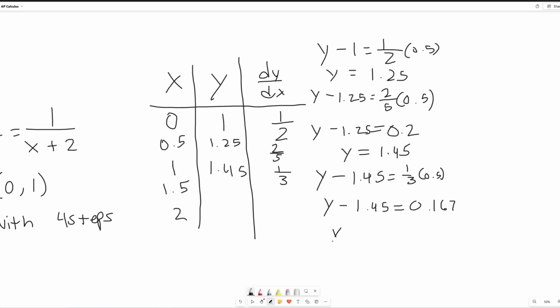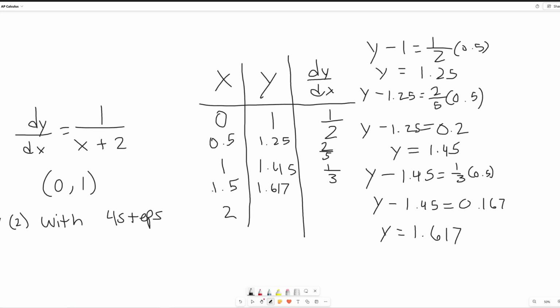So then y equals 1.45 plus 0.167, which is going to be 1.617.